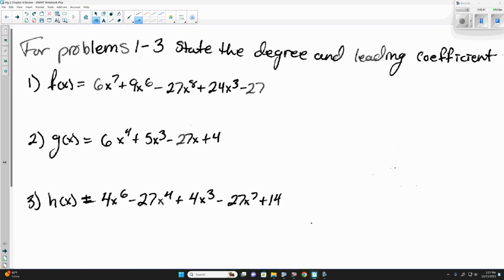Problem number 1, what is the degree of this polynomial? What would the degree of this be? It is 8.